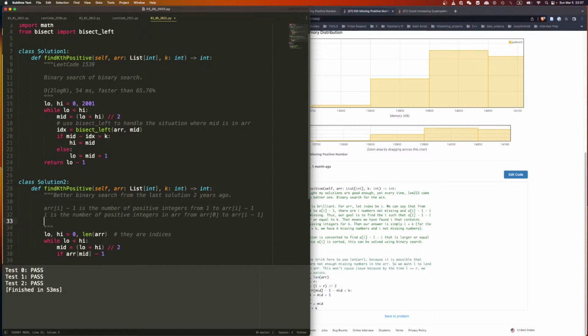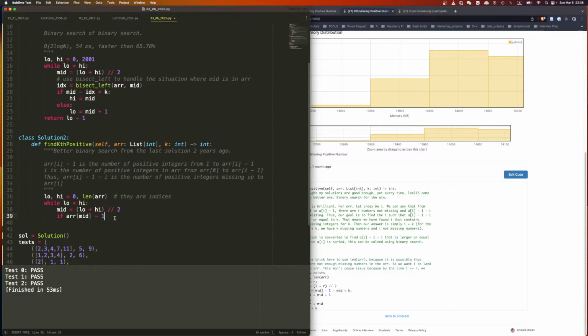Right. Thus, array I minus 1 minus I is the number of positive integers missing up to array I. So we do this minus mid. Right, if it's smaller than k, then low shall equal to mid plus 1, else high shall equal to mid.